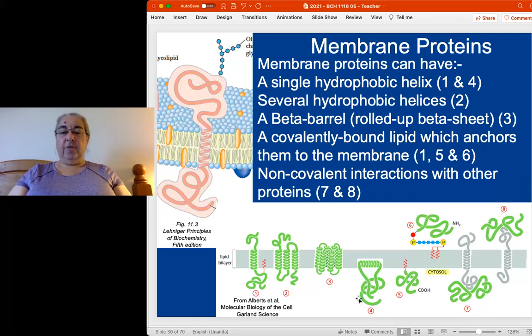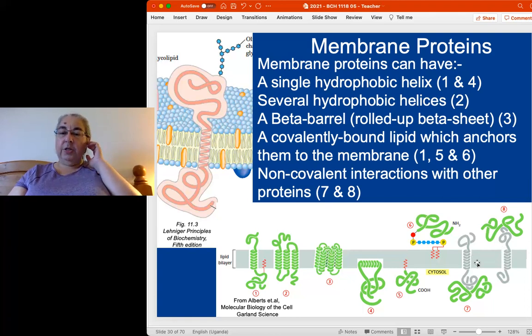This is just on the inside of the membrane. This is somewhat similar, but rather than having a hydrophobic alpha helix, it has a lipid anchor, which is holding the protein onto the membrane. And this one is similar. This has an anchor which is holding it on the outside of the membrane.